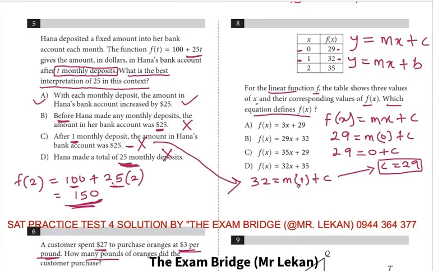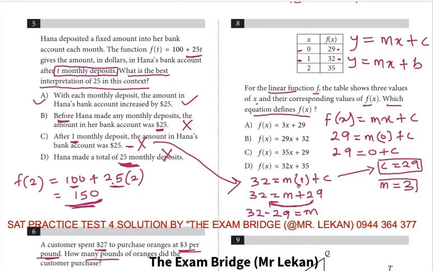So that means this will be 32 is equal to 1 times m, which is m, then plus 29. Move 29 to the other side. So this will be 32 minus 29, because right here it is plus. After coming to the other side, it becomes minus. So it's equal to m. 32 minus 29 is equal to 3. That means my m is equal to 3.